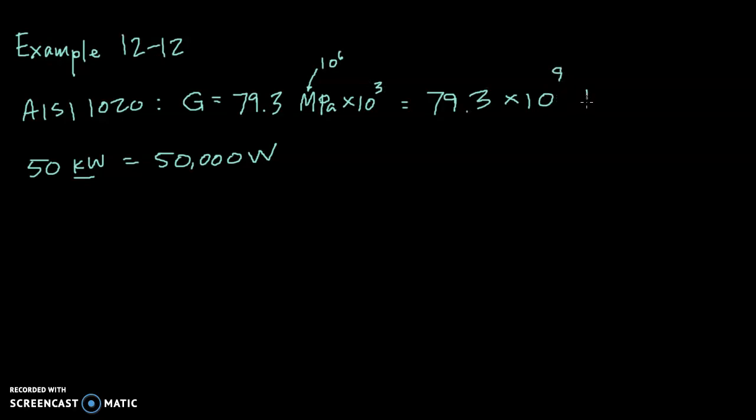So 79.3 times 10 to the 9th pascals, which is a Newton per meter squared. Okay, so we've got 79.3 times 10 to the 9th pascals as the modulus of rigidity. 50,000 watts is the power that needs to be transmitted by this shaft.